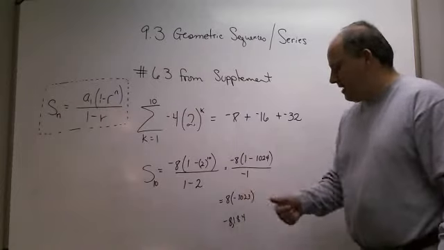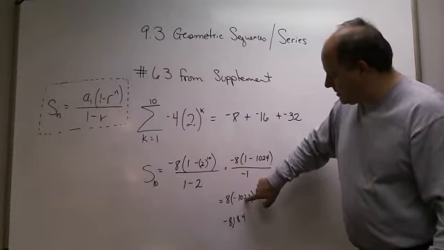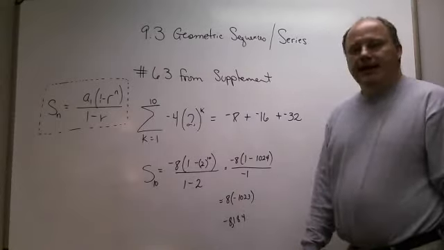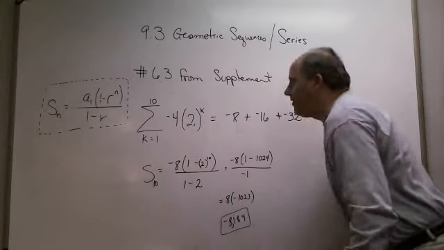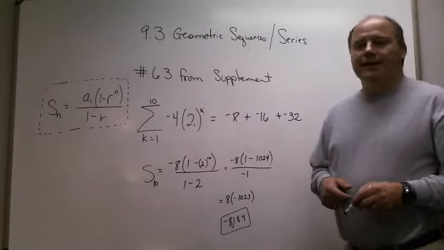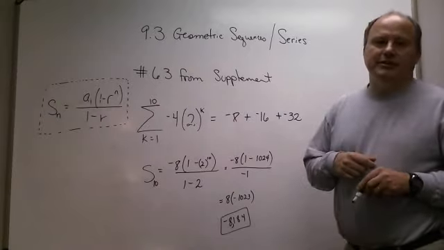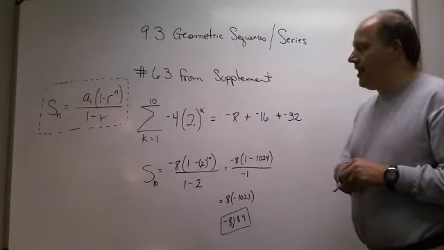You might want to check my math on that, but I think that's right. Negative 8,184. And that is problem number 63 from the 9.3 supplement. Again, that's not the problem that's in the book. It's a problem that comes off the supplement sheet that was handed to you on the very first day. And that's it.